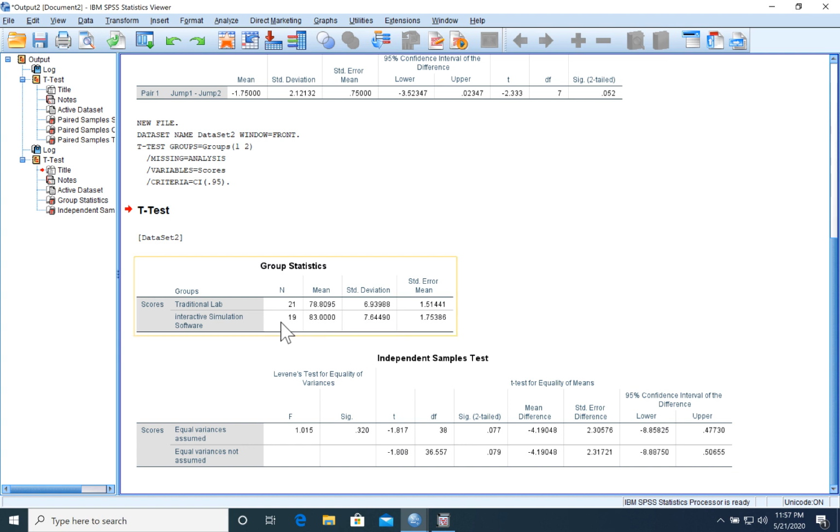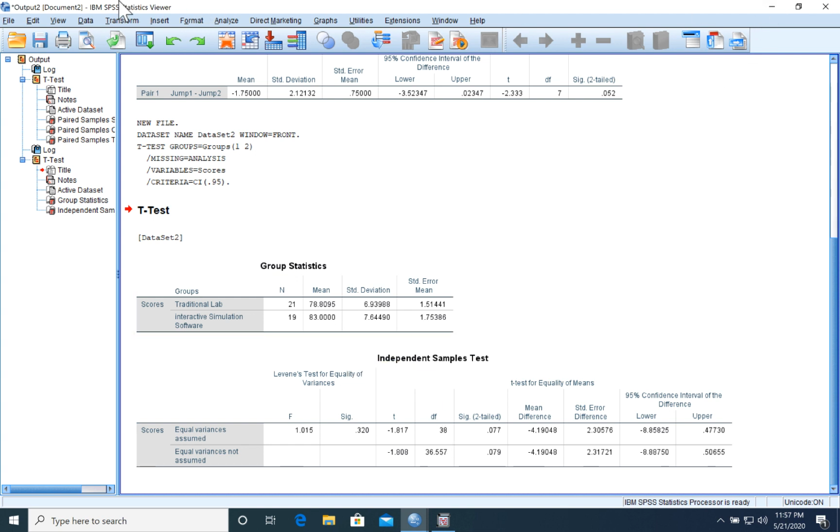If we do n1 plus n2, 21 plus 19 is 40. And then if we take away 2, that gives us 38. So the degrees of freedom is 38, as indicated here.